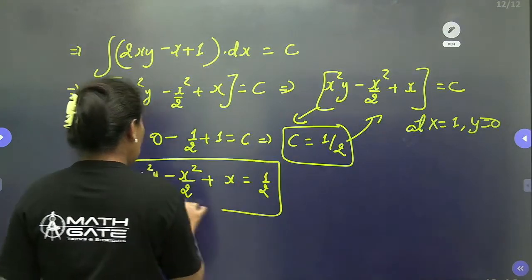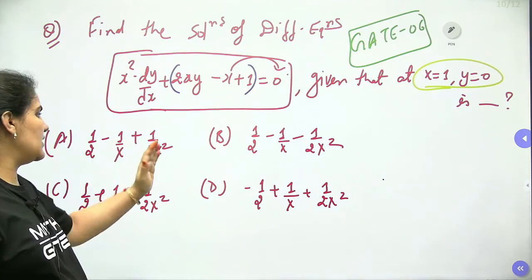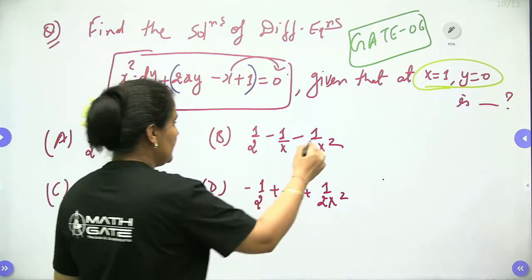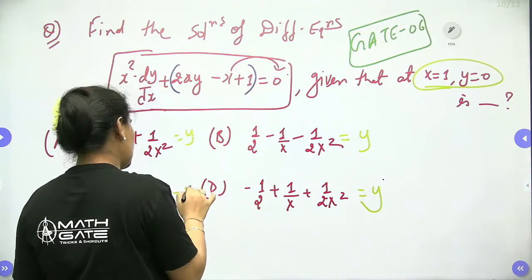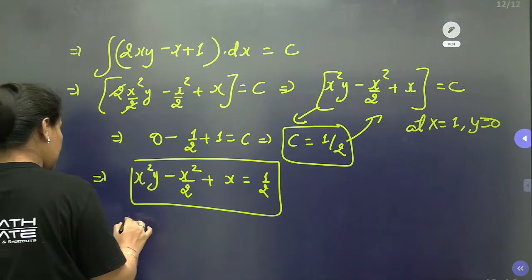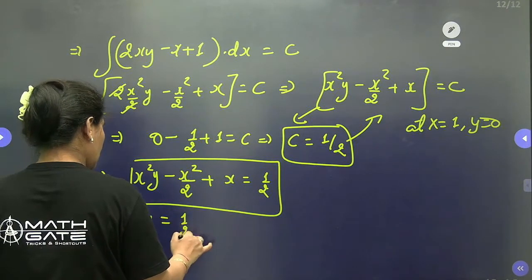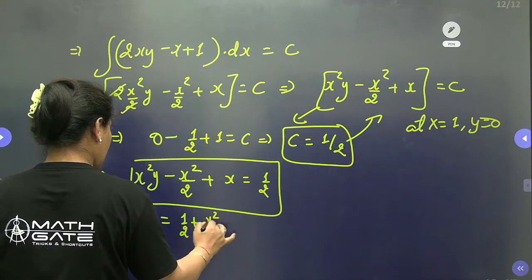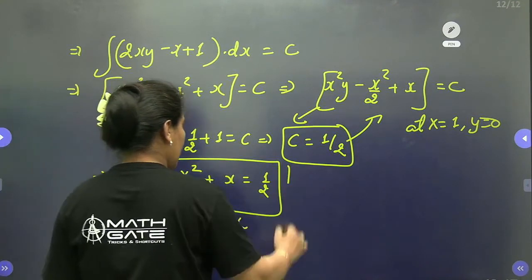Now we can check how we have options. Yes, exactly, we have options in the form of y only. You can see this is equal to y, this is equal to y, this is equal to y, and this is equal to y. Okay, so we can convert it in the form of y only. It will be x square y is equal to 1 by 2 plus x square by 2 minus x. It's x square again we are having.